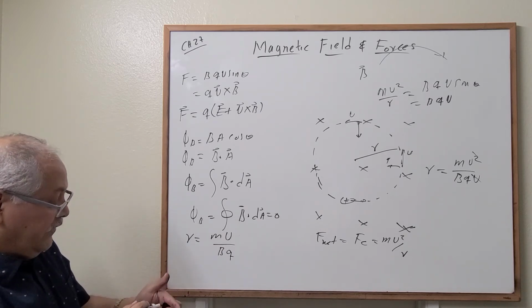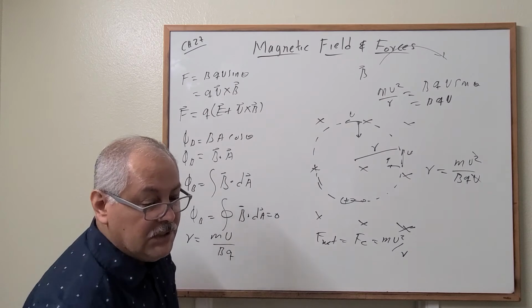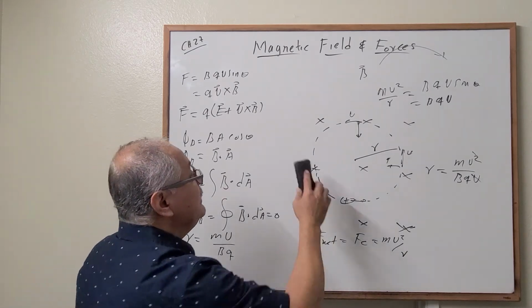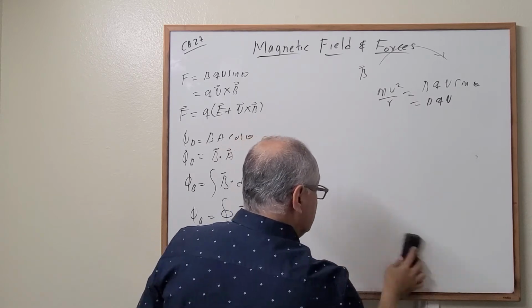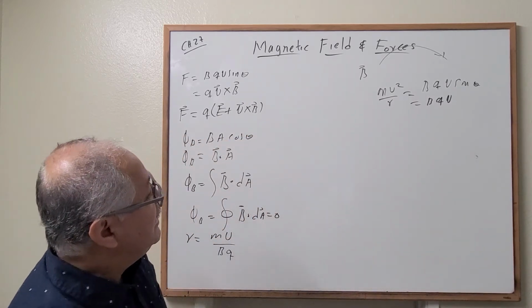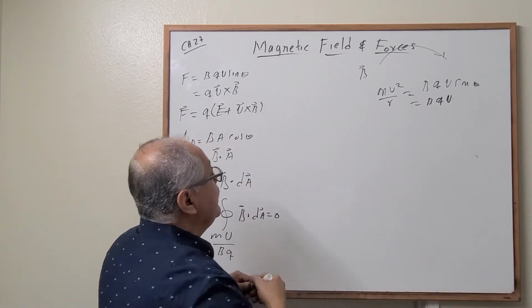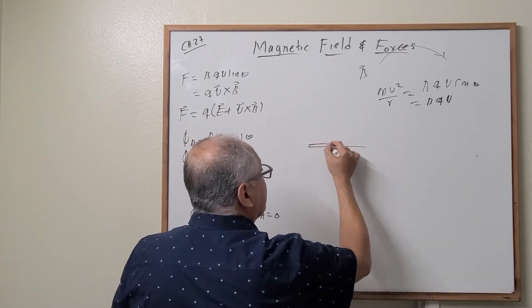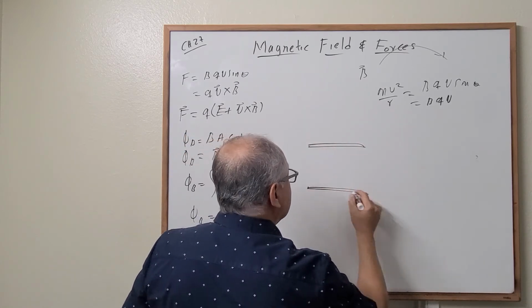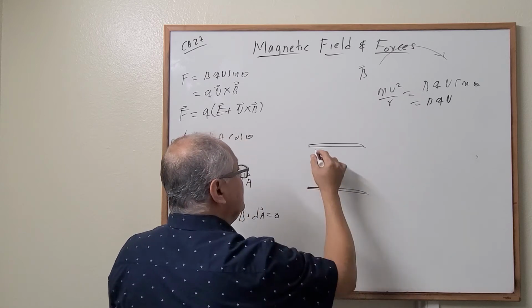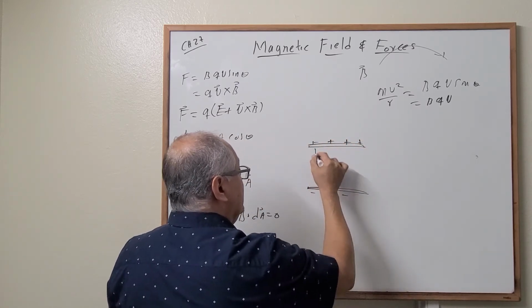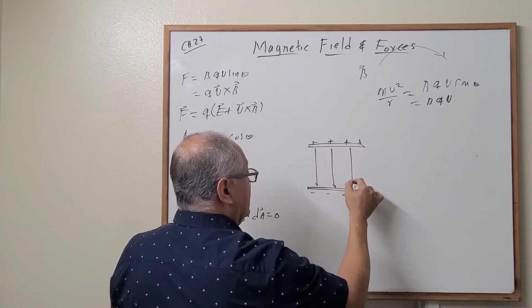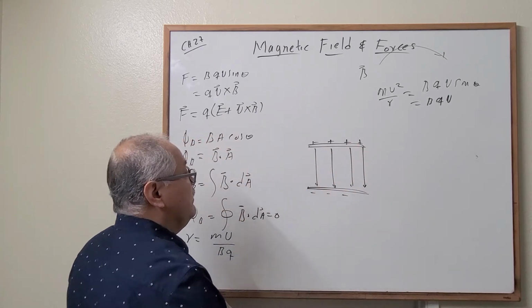Correct? Perfect. What happens if we have now this situation? Imagine that we have a capacitor. Remember, the capacitor produces, imagine it's positive and negative, an electric field in this direction.